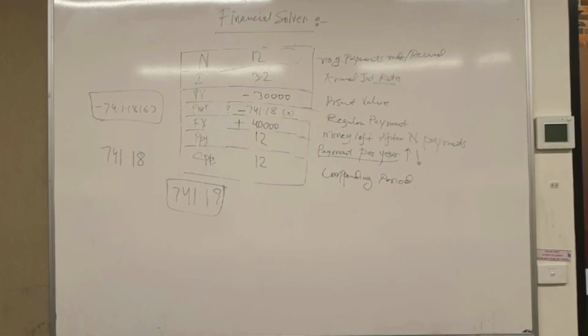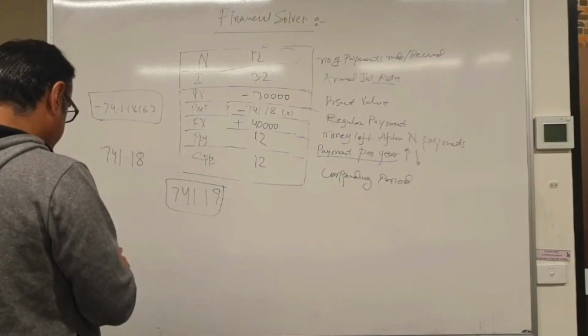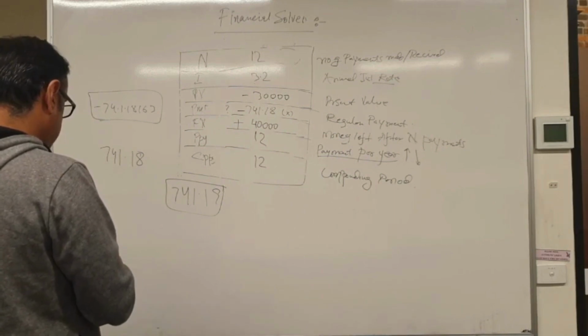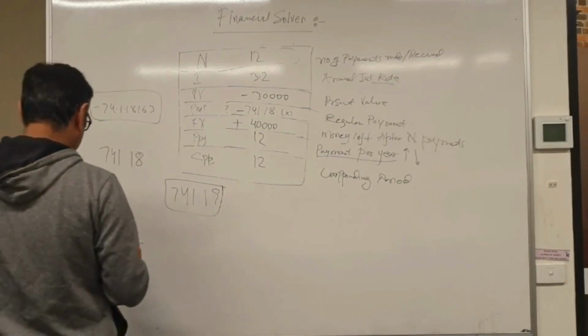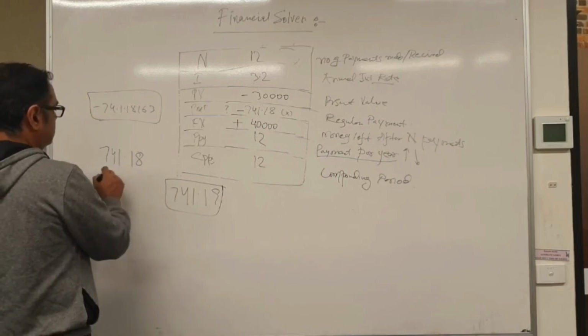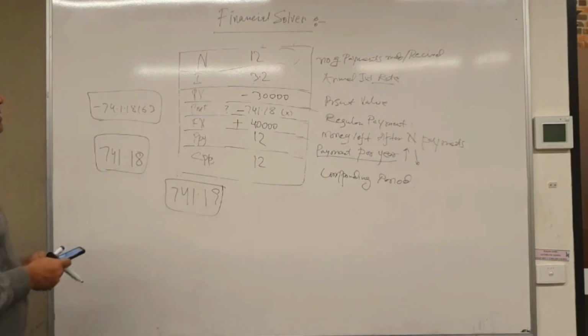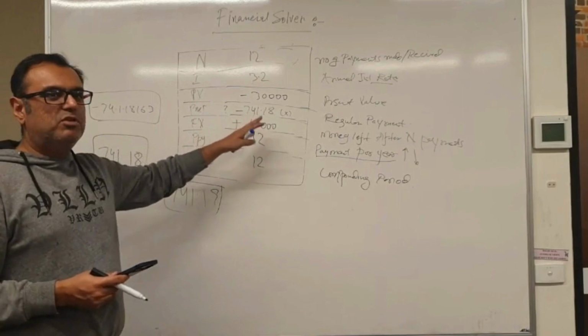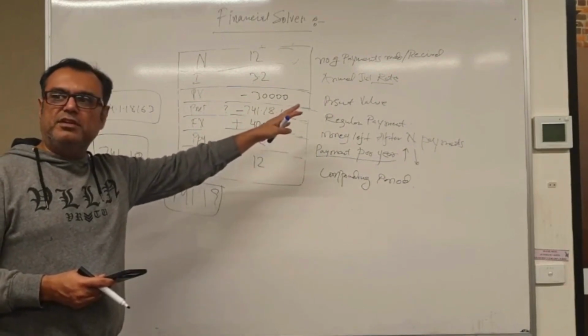Not 18. Right? Now, because if you do 741.18, you won't hit 40,000, you'll have 39,900 and something, right?